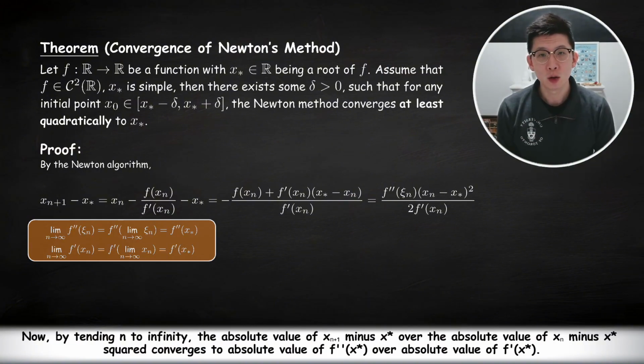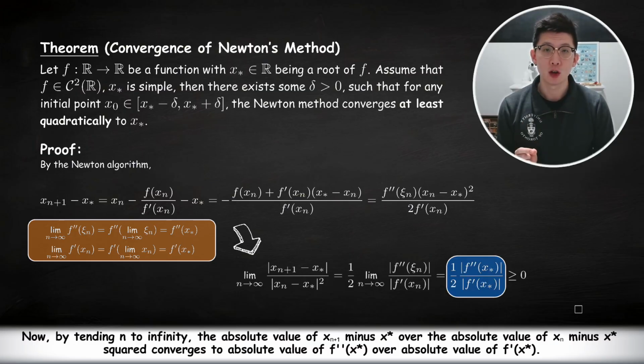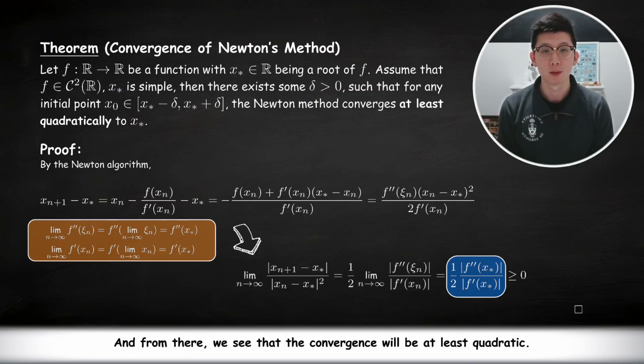Now, by letting n tend to infinity, the absolute value of x_{n+1} minus x star over the absolute value of x_n minus x star squared converges to the absolute value of f double prime of x star over the absolute value of f prime of x star, where again we have used the facts that f double prime and f prime are both continuous functions. And from there, we see that the convergence will be at least quadratic.